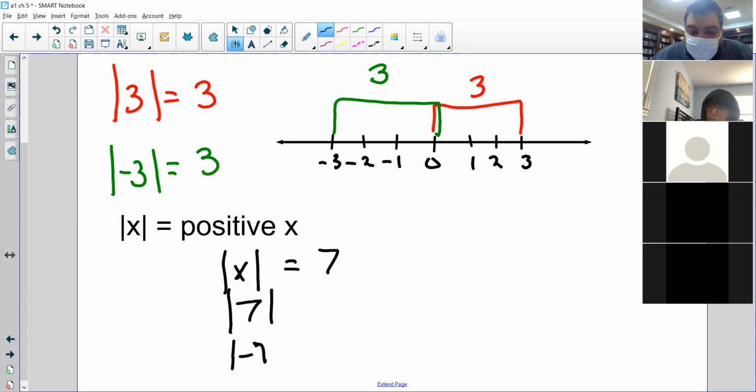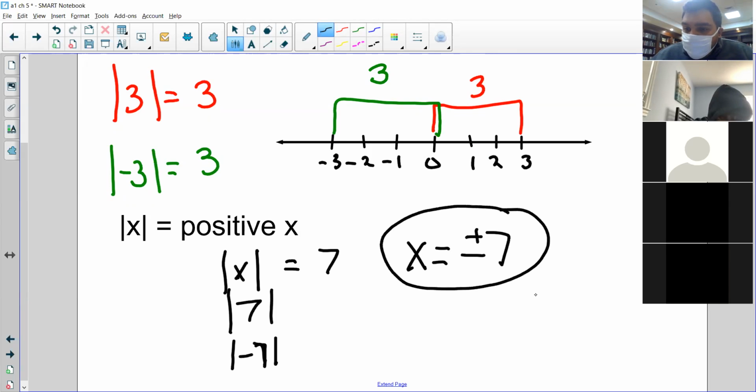So my answer for x is going to equal both positive and -7, because it could be +7 or -7. It could be one or the other. You technically have 2 solutions. You could also write it as simply 7, -7. That's okay also.